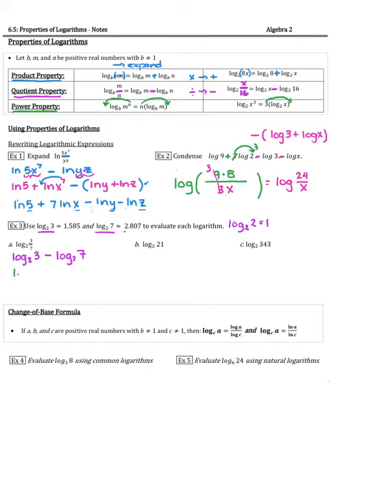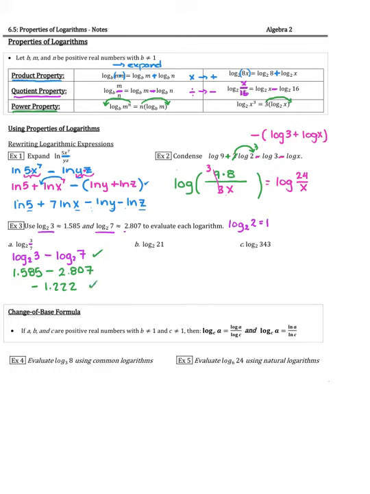So log base 2 of 3 was given as 1.585 minus 2.807. And when you subtract those together, you will get negative 1.222. But what I really want to see is the expansion, and then you would give your final answer, okay?